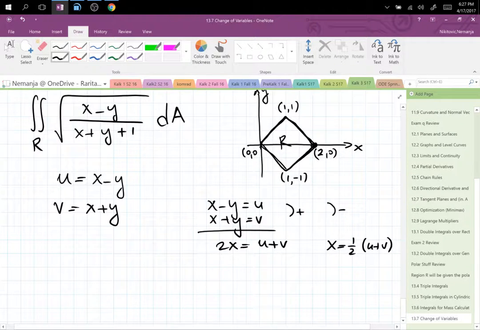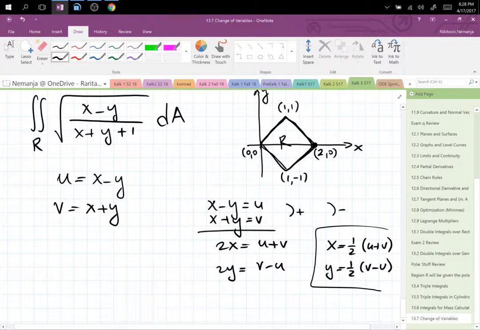If I subtract equations, bottom minus the top is better, I get 2y equals v minus u, so y is 1/2 (v minus u). So there they are. These are the ones that we have to use to transform our region S.